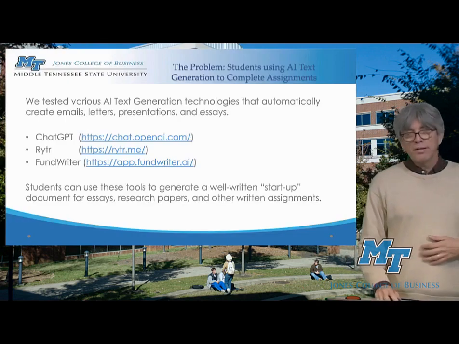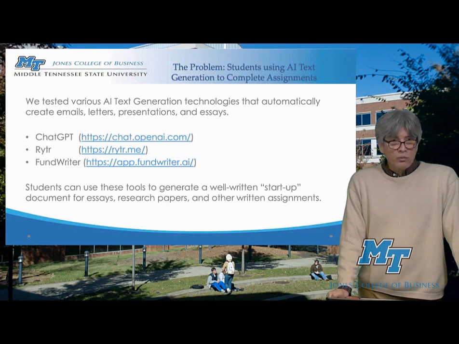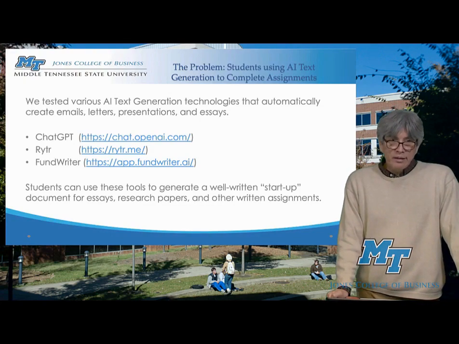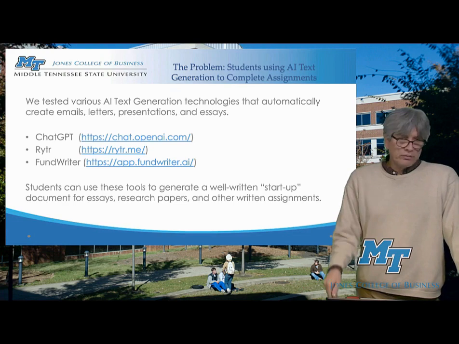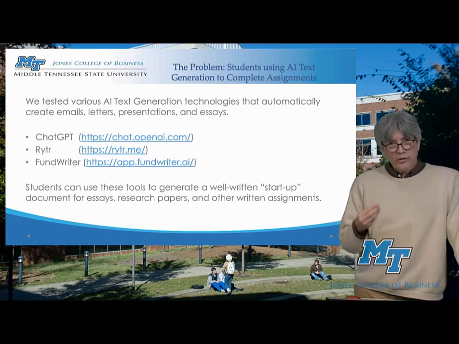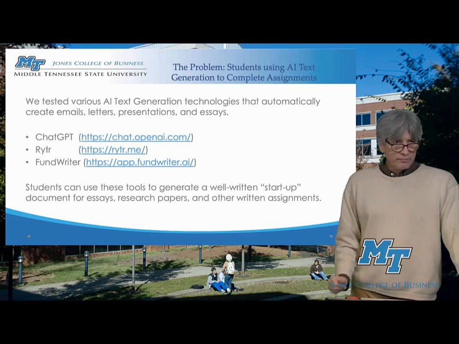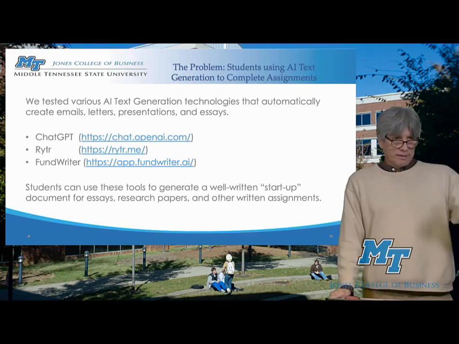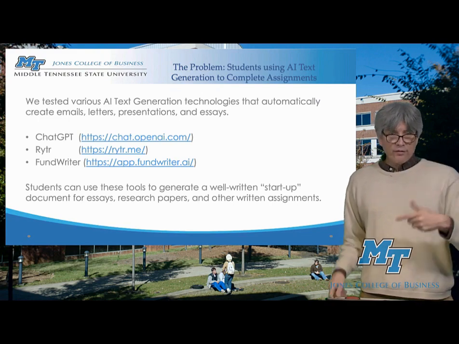So, the problem right now is that students can and will probably use AI text generation tools to complete assignments, because these tools can generate well-written essays, papers, prompts, etc. We tested three tools: ChatGPT, Writer, and Phone Writer.